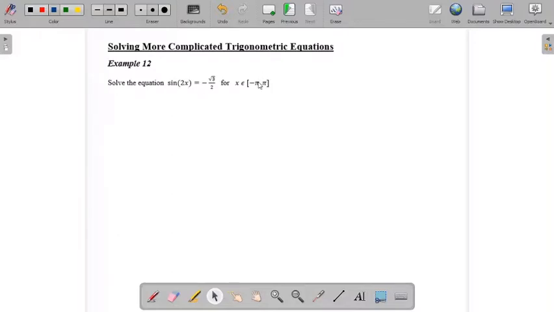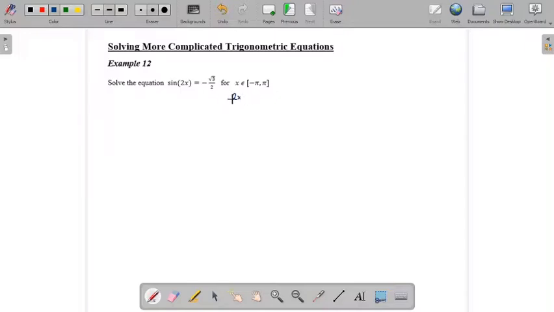So the first thing we do in this case is to just make a bit of a change to our domain. Okay, so x is still from negative pi to pi, but in terms of solving our problem, we need to make a change. We look at then what is our domain if x is doubled.